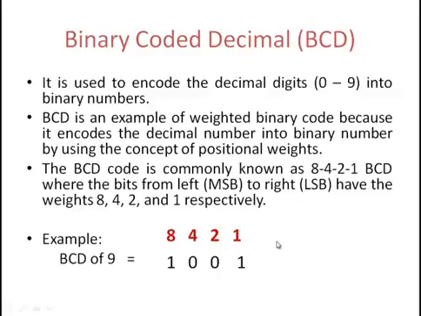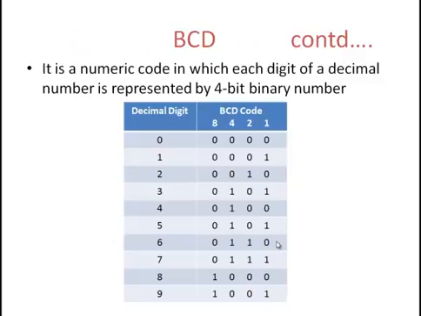So BCD is a weighted binary code. It is a numeric code in which each digit of a decimal number is represented by a 4-bit binary number. Like here we have considered decimal digits ranging from 0 to 9 and their respective BCD codes are given here.